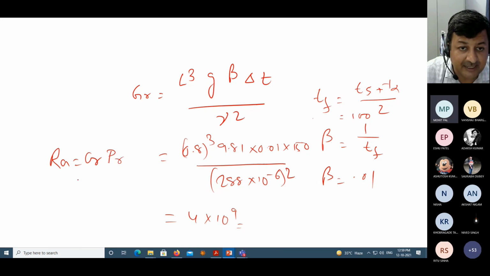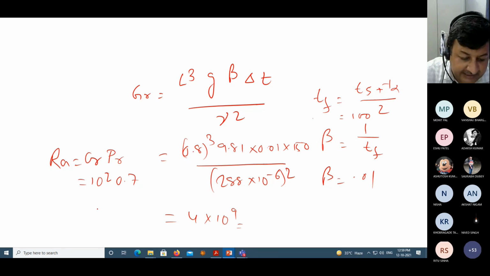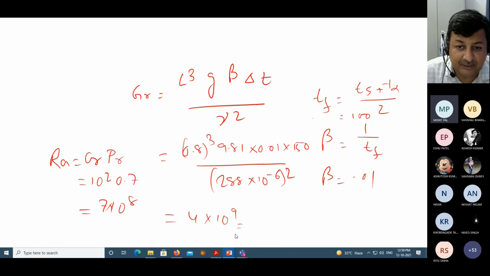So suppose you have Grashof number of 10 to the power 9, and your Prandtl number here is given as 0.688. So roughly about 7 into 10 to the power 8. That is your Rayleigh number. So it is either laminar or turbulent.